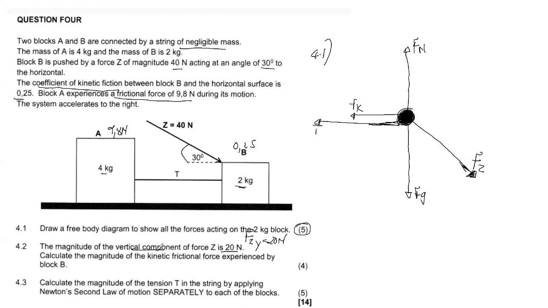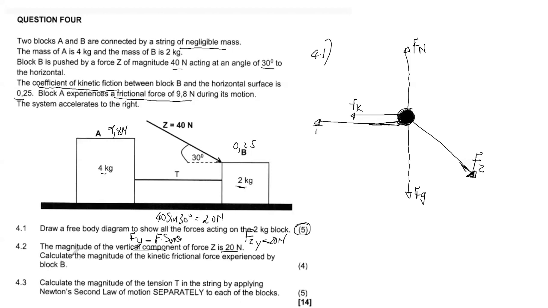We know the vertical component is the one that we calculate by using the formula F sine theta. So in other words, they've already calculated it for us. Even if we want to confirm, we can see that it is true. If we say 40 sine 30 degrees, this actually gives us 20 newtons. So they are correct. The magnitude of the vertical component is 20 newtons.